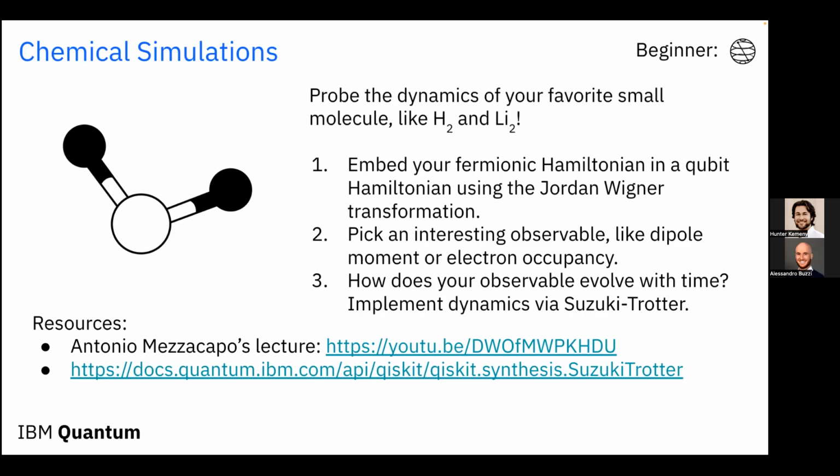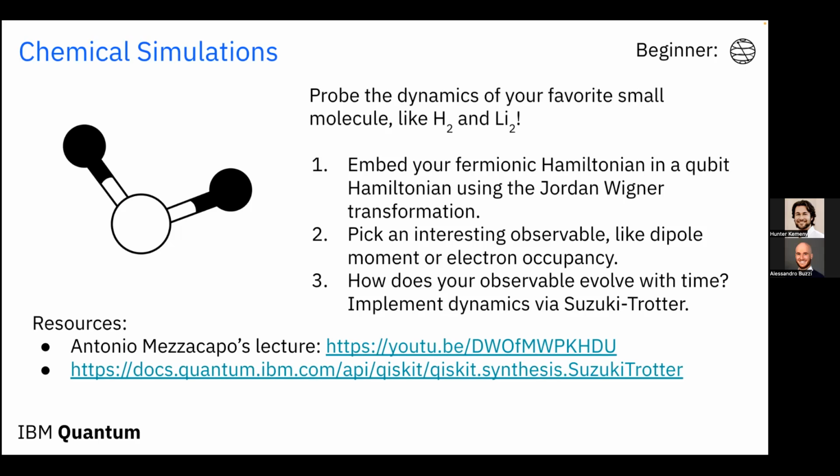The Hamiltonian of a chemical is described in terms of the dynamics of electrons, right? Maybe like the positions of electrons in various orbitals. Electrons are fermions, so encoding the states of these second quantized operators into qubits is a little bit tricky, but there's this excellent lecture by Antonio Mezzacapo that shows you exactly how to achieve this.